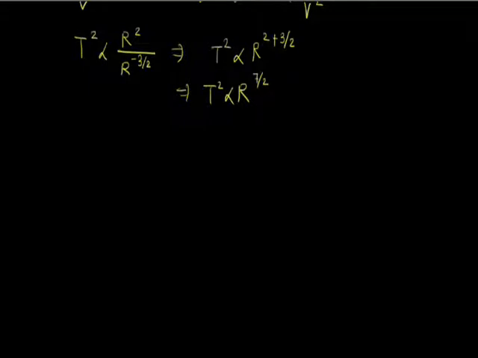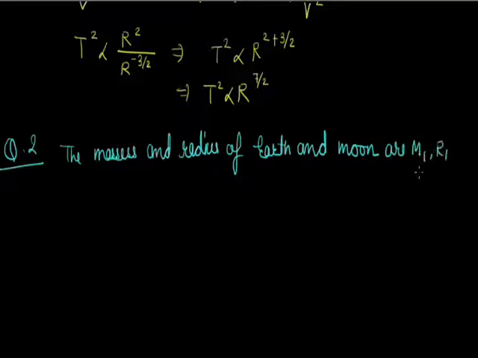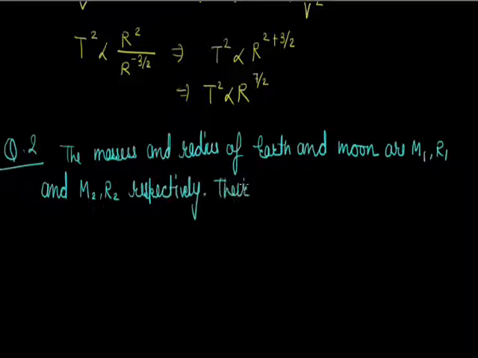Now the second question. The masses and radius of Earth and Moon are m1, r1 and m2, r2 respectively. Their centers are a distance d apart.